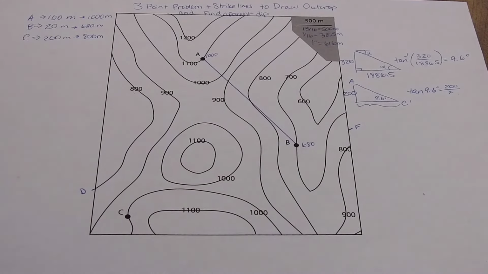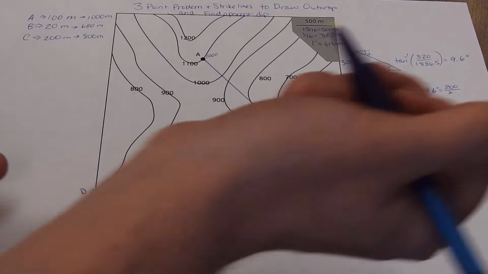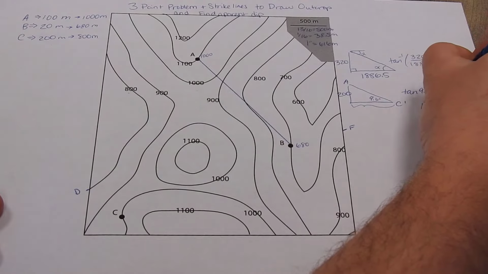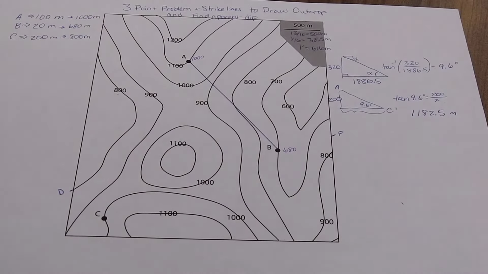So on your calculators, do 200 divided by tangent of 9.6 degrees, and you should get 1,182.5 meters. So that's that horizontal distance.